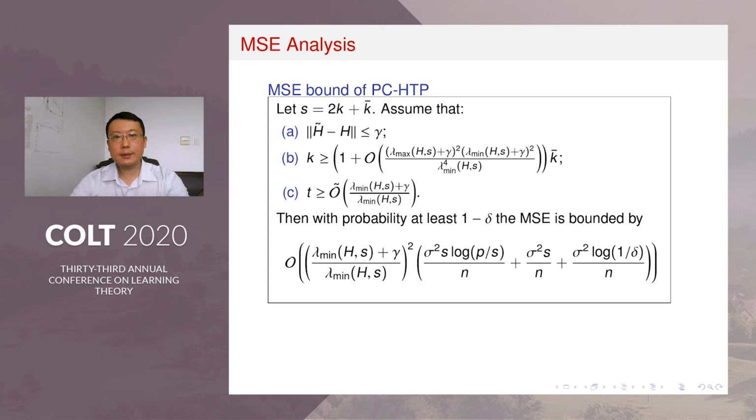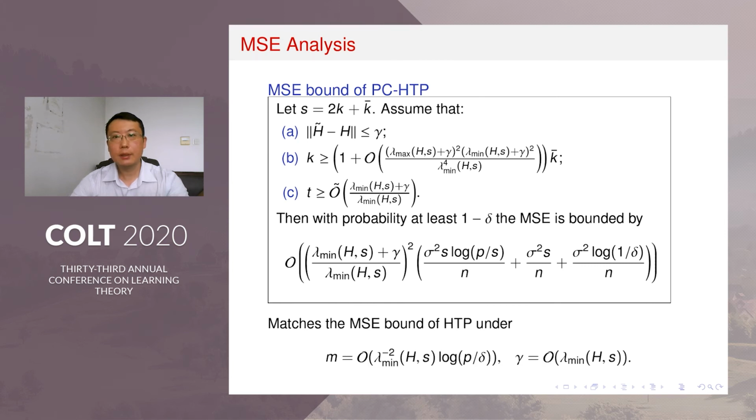For MSE analysis, we can show this bound provided that F tilde is sufficiently close to the full objective function F. The bound matches that of HTP under proper setting of subsample size M and gamma.